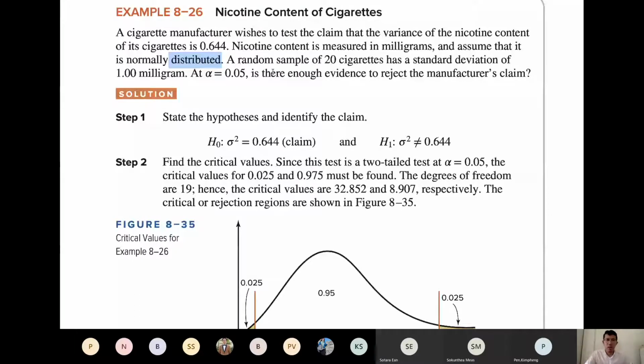So a random sample of 20 cigarettes has been selected, and we measure that the standard deviation is 1 milligram. This is the sample standard deviation because this value is calculated from this sample. And we want the significance level to be 0.05. So the question is, is there enough evidence to reject the manufacturer's claim?